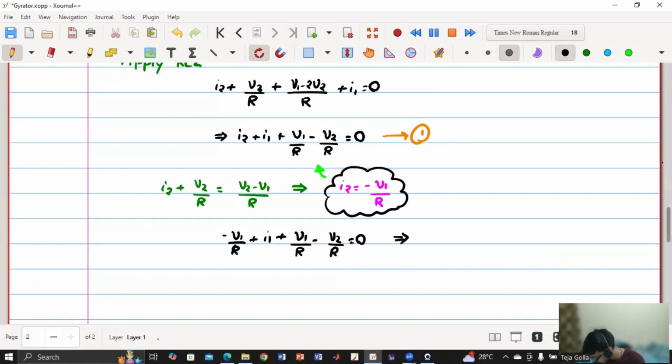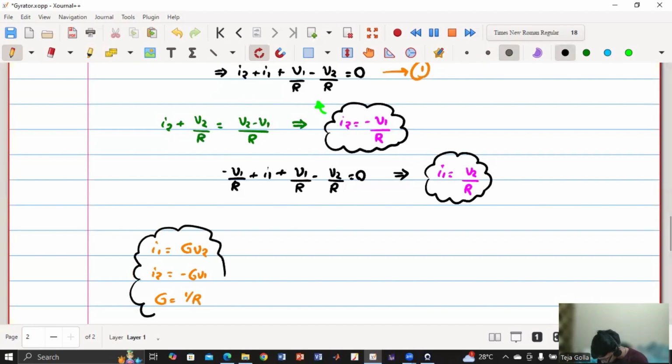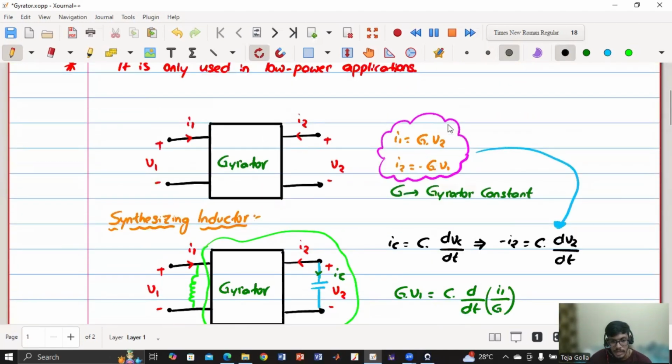So from this I will get I1 is equal to V2 by R. So now I'll write it in this way: I1 is equal to G times V2 and I2 is equal to minus G times V1, where G is defined as 1 by R. So this is what we are getting from the circuit by solving the circuit.